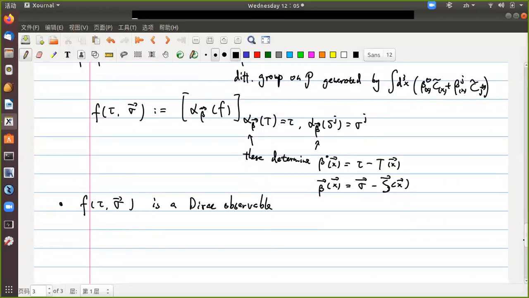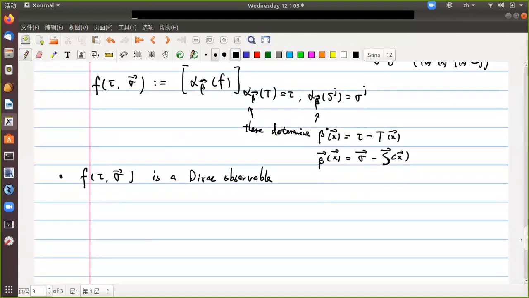All right. So now you can also explicitly check this result is a Dirac observable. Namely, you can compute C total Poisson bracket with this F. You will get this result weakly equals to 0, and C total A Poisson bracket with F is again weakly equals to 0.